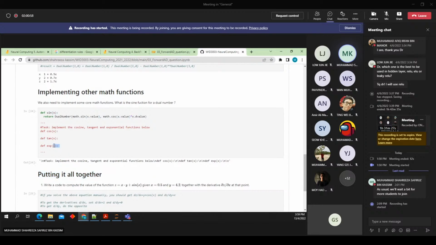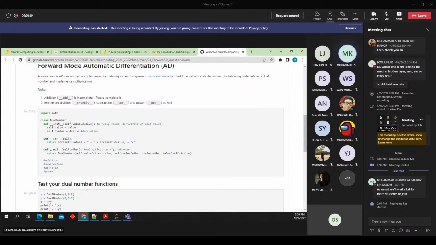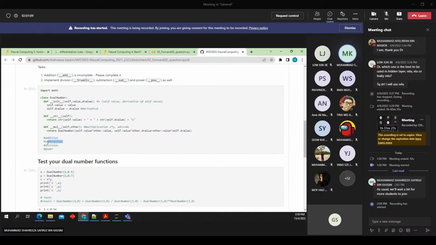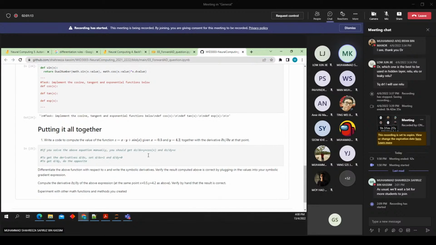Even though you haven't done cosine, tangent, exponential, it's fine as long as you have the sine, the multiplication and the addition. That is all you need. You don't need subtraction, division, or power, because we're only doing multiplication, addition and the sine function.